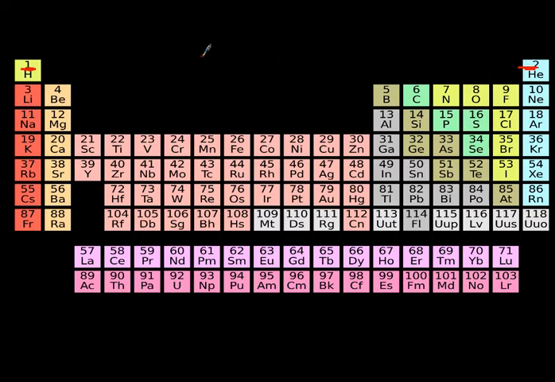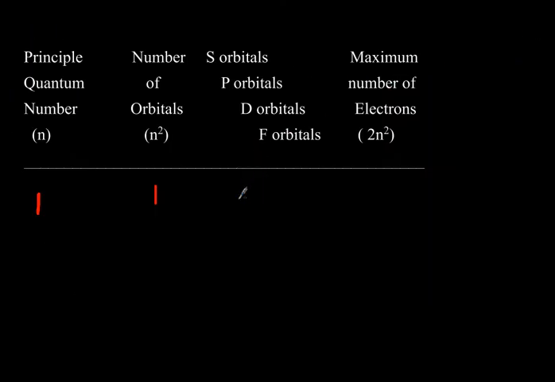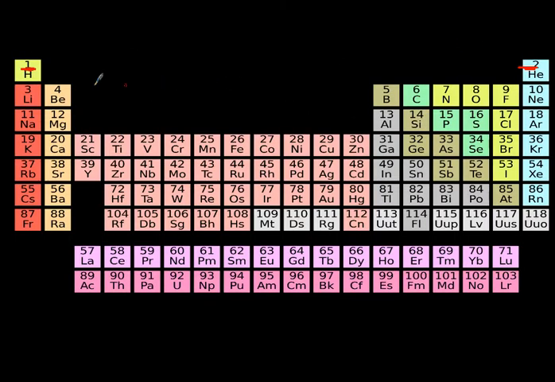So that makes for 1 orbital, and they're both S orbitals. So we would say that 1 orbital is in the S. So how many electrons would it hold? Well, 1 times 2 is going to be 2. And that makes sense because we only had 2 elements in that top row.